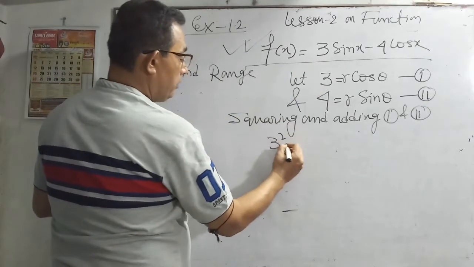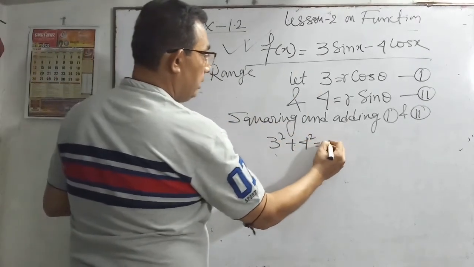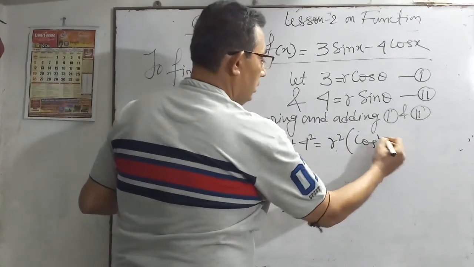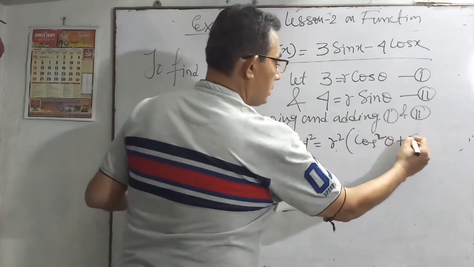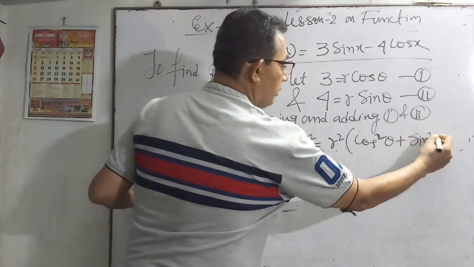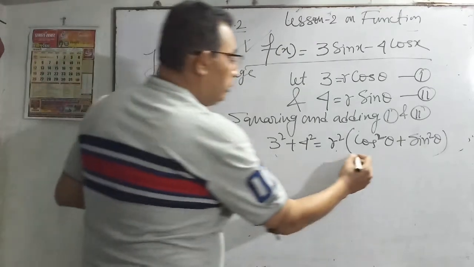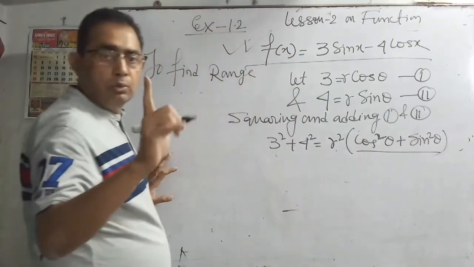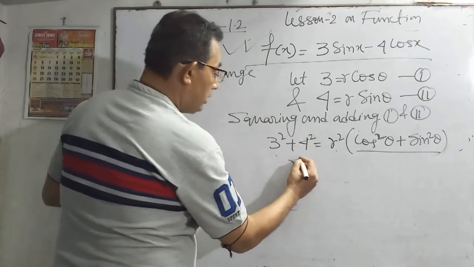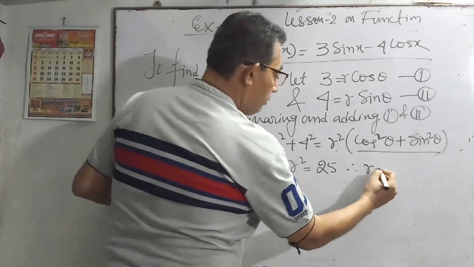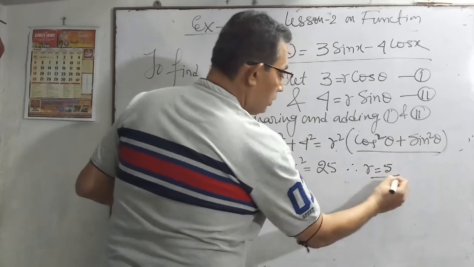That means 3 square plus 4 square equals r square times cos square theta plus sin square theta. Clear? You know cos square theta plus sin square theta is 1. So r square equals 25. Therefore, r equals 5.